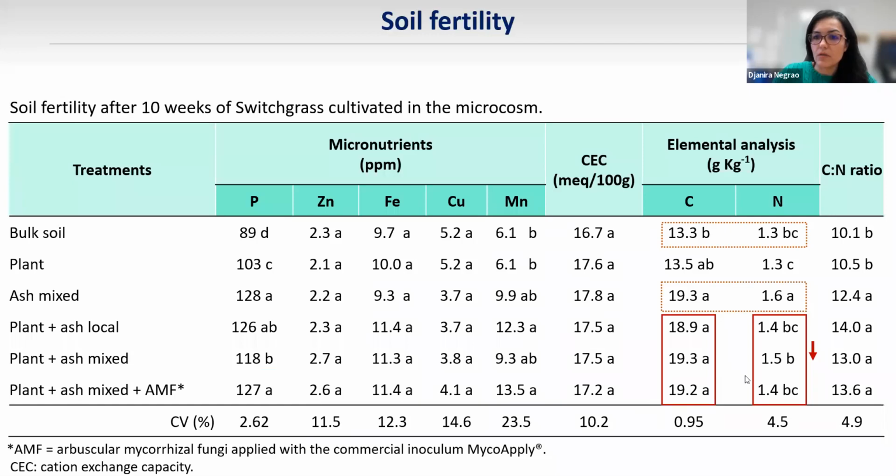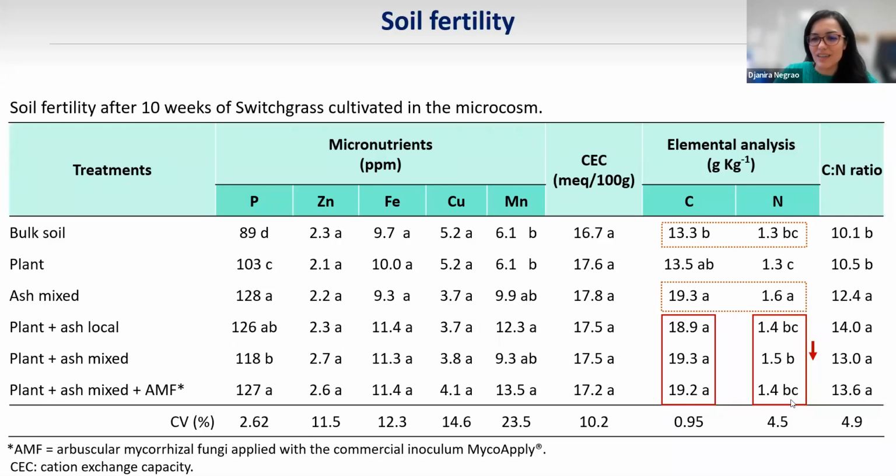And for elemental analysis of carbon and nitrogen, we can see in comparison to the bulk soil, when we apply this ash, sugarcane ash, which is also rich in carbon, we keep this carbon preserved in the soil, and the carbon stays more or less the same between the treatments, but the nitrogen is used by microorganisms or the plant.